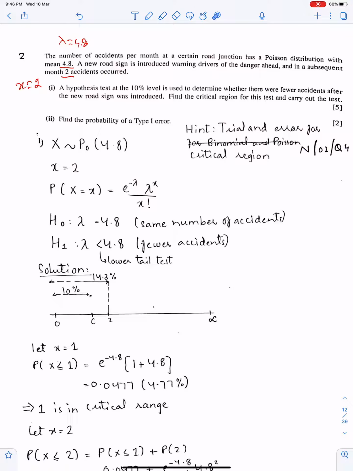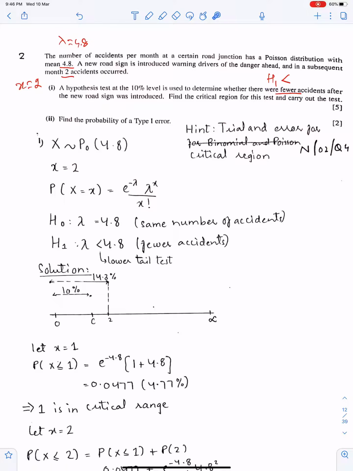Number 1, a hypothesis test at the 10% level is used to determine whether there were fewer after the new road sign was introduced. Fewer means the H1 has a lesser sign. Find the critical region for this test and carry out the test. You all know we find critical region in binomial and Poisson through trial and error method.